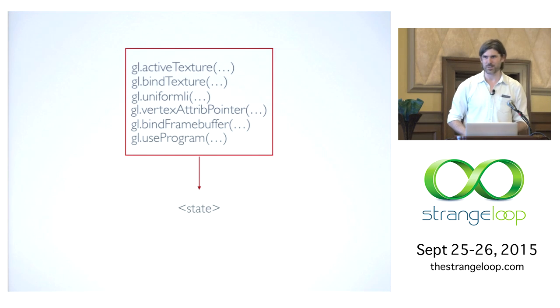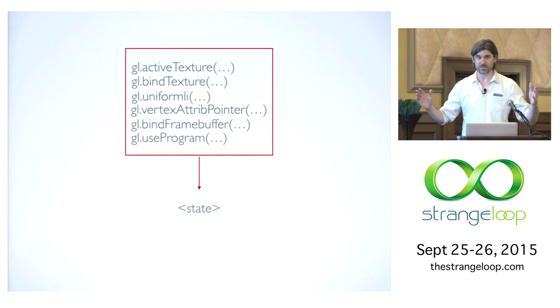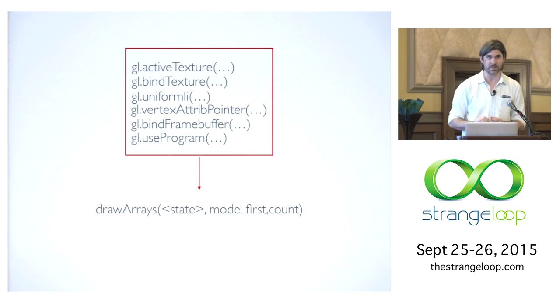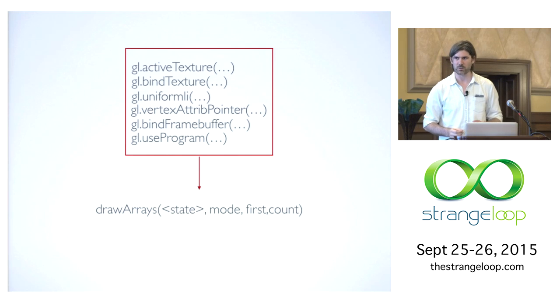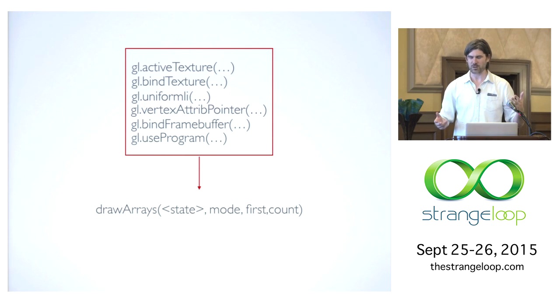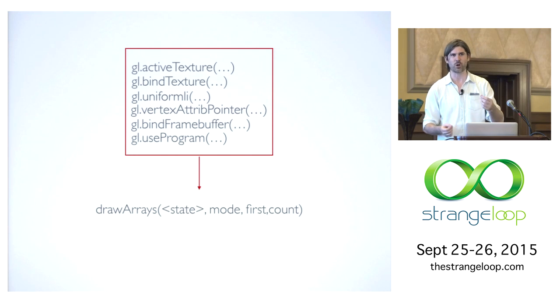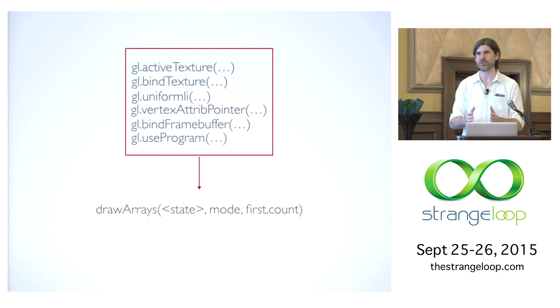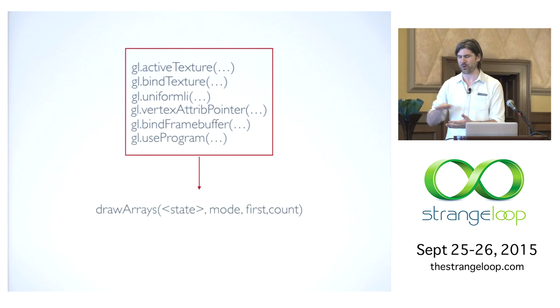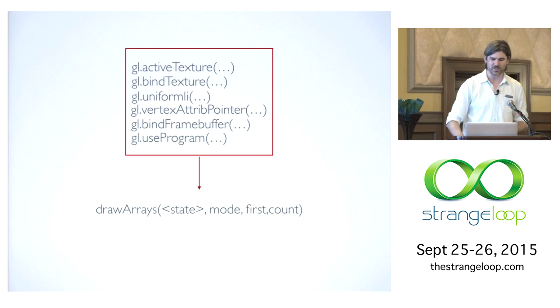So what we're going to do is take this pile of implicit state, reify it into a concrete object, and pass it directly as an argument to our draw arrays call. So what this means is different draw array calls are no longer going to have an opportunity to step on each other. It's just no longer possible, right? You have all the information you need right there, and if you need to add another operation in the middle of the sequence or at the end, no one's the wiser.